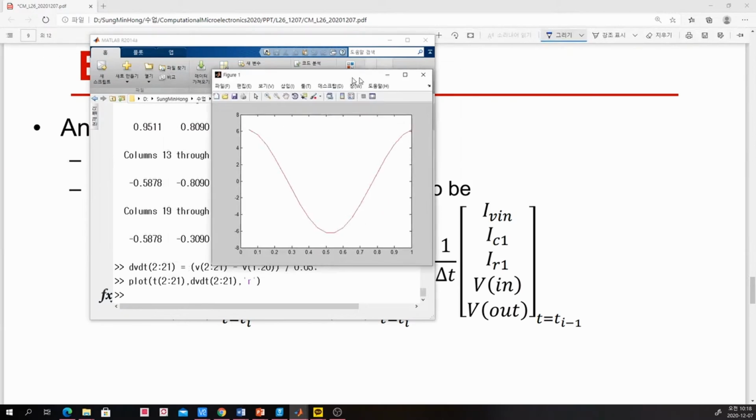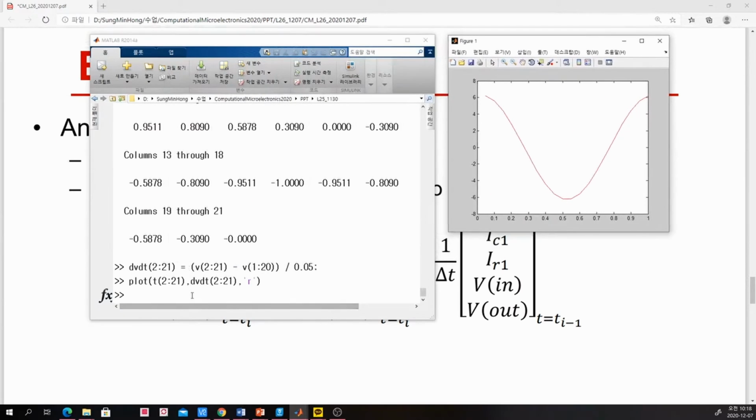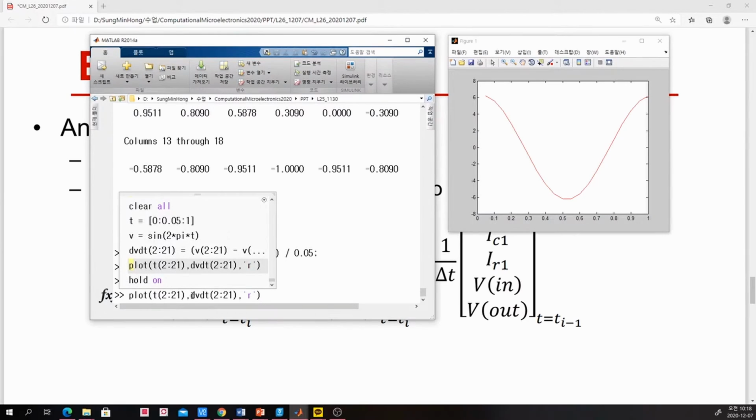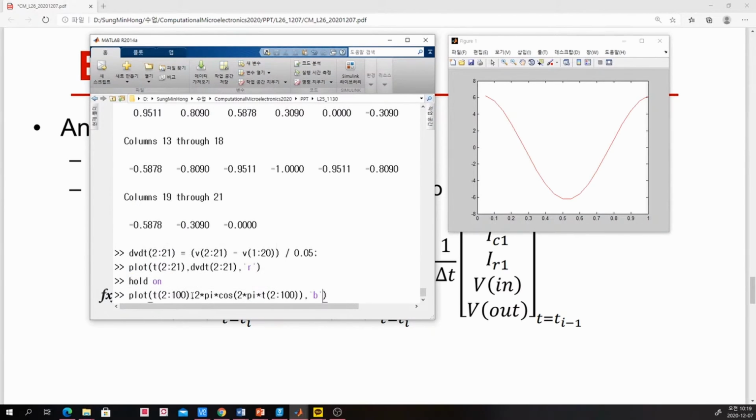Now this one is the discretized version of our dv over dt, and now I will draw the exact or expected form, our 2 pi cosine omega t.